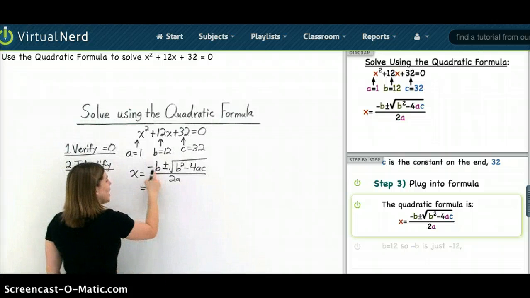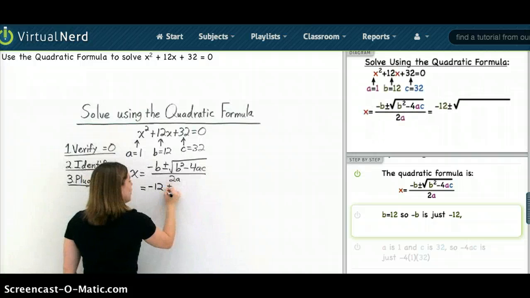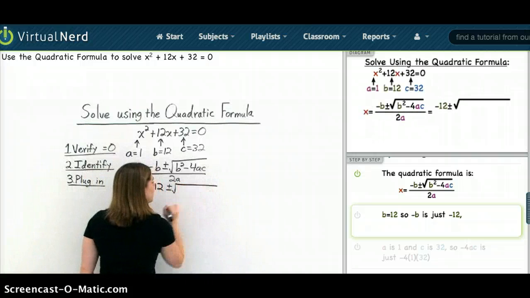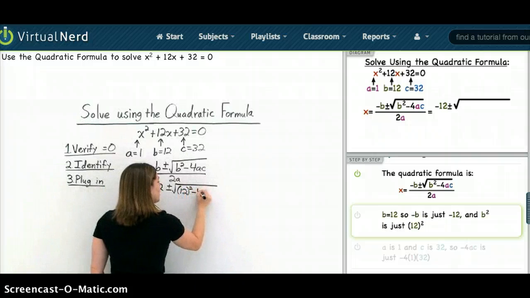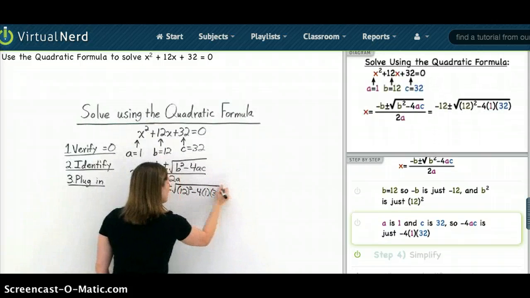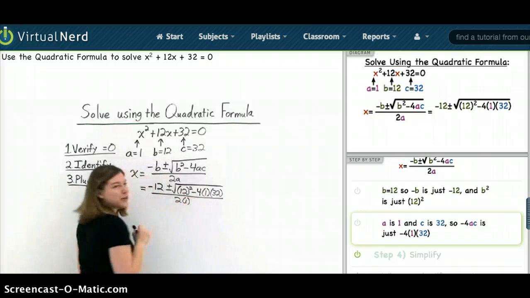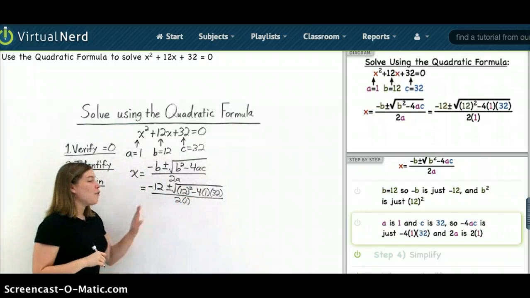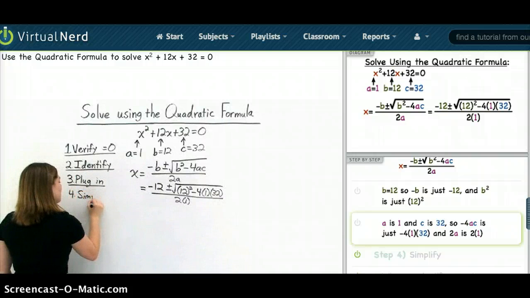So first we have negative b. Well, b is equal to 12, so this is negative 12. Then we have plus or minus the square root. B squared is 12 squared. Then we have minus 4 times a, which is 1, times c, which is 32. And that's all divided by 2 times a, so 2 times 1.